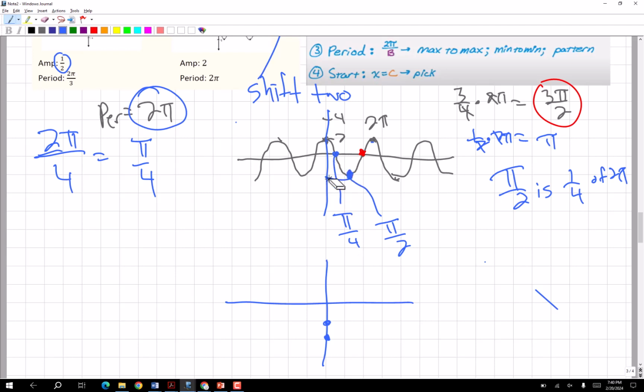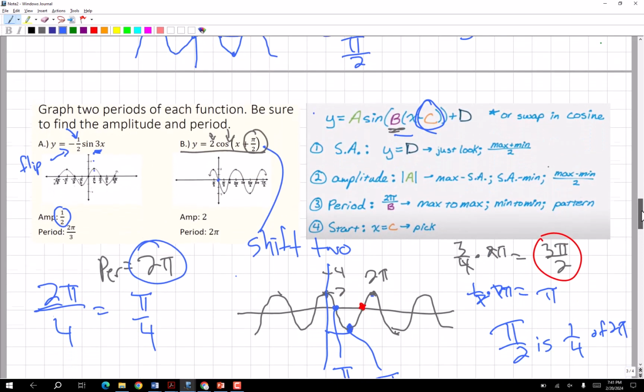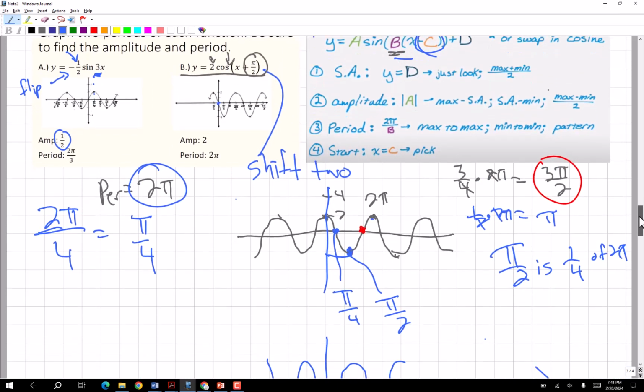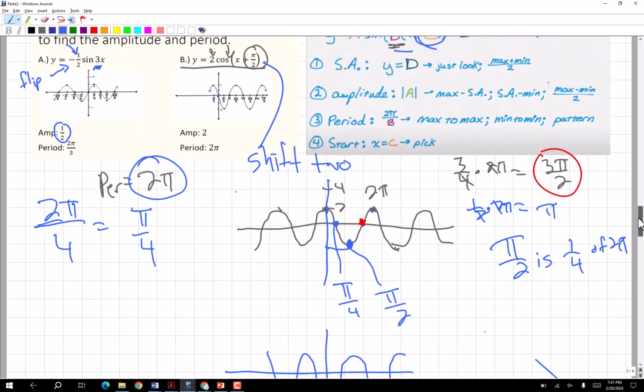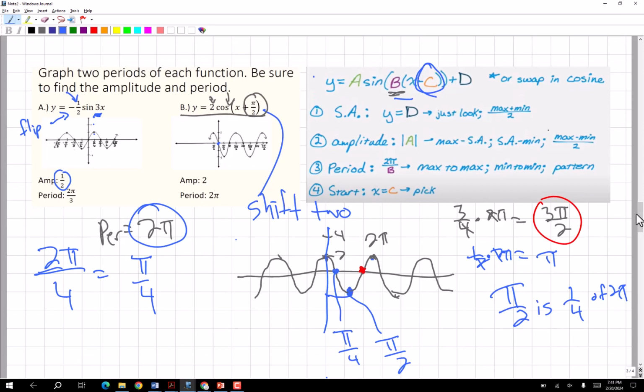I move it 1 segment, 2 segments. I'm at the bottom, and I'm going to be coming up. So all of this is the same now, only I'm going to start at the bottom. So let's take a look and see how we did. Okay, so we shifted it over 2 segments, and it looks like they shifted it over 1. Let's take a look.